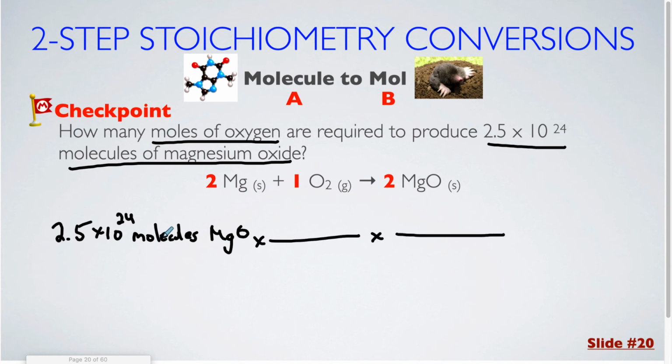All right, so for our first step, we need to cancel out those molecules of MgO on my way to moles of MgO. Then I need to cancel out my moles of MgO on my way to moles of oxygen.